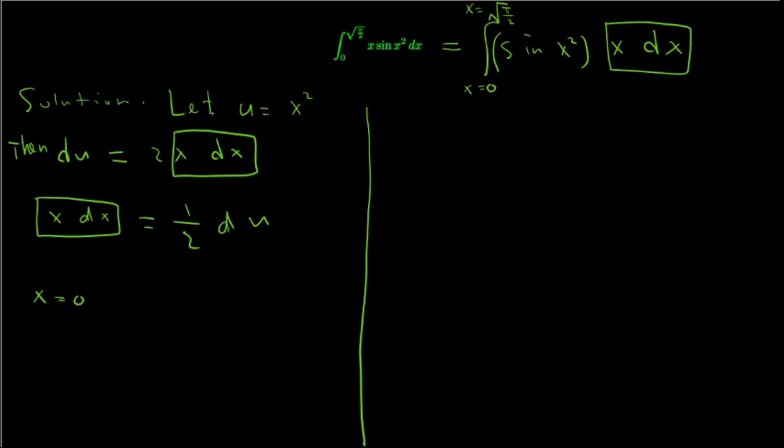The relation between u and x is here. x value of 0 implies, that's the standard notation, u value. u is x squared. When the x value is 0, the u value is 0 squared, which is 0.